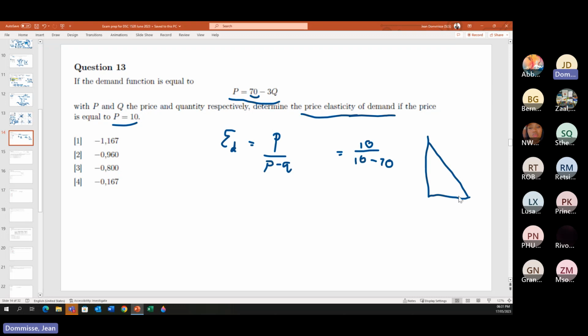So here you have the demand function. So remember that price is where Q is 0, so that is that. So 10 minus 70 is minus 60.